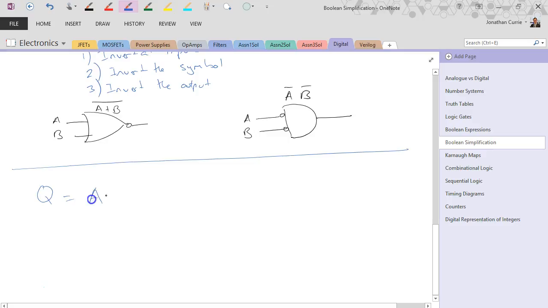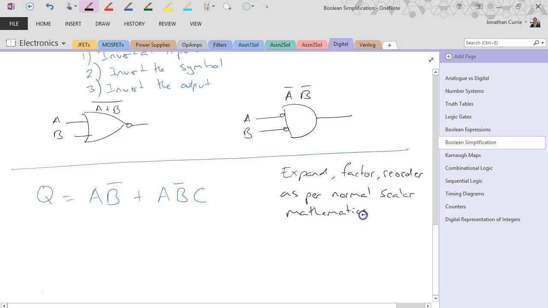Q equals A and not B, or A and not B and C. One of the things that we can do when working with Boolean algebra expressions is we can expand, factor, and reorder as per normal scalar mathematics.